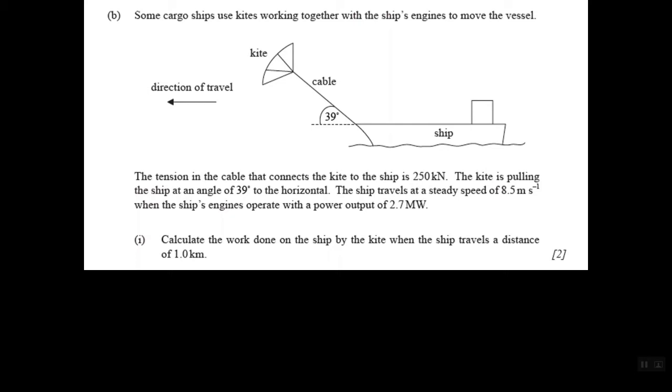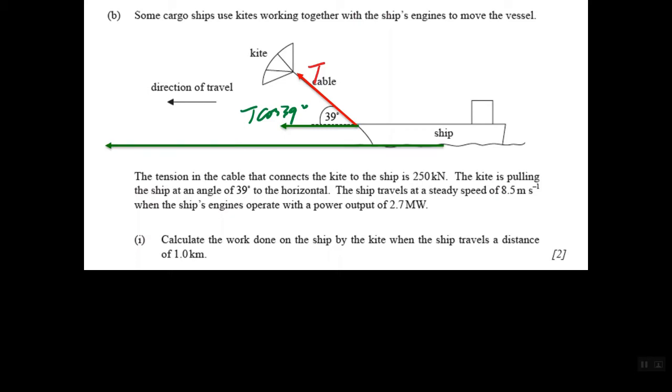So, the tension force applied is T. And the horizontal component of tension is T cosine 39 degrees. And the work done is the force times the distance in the direction of the force.